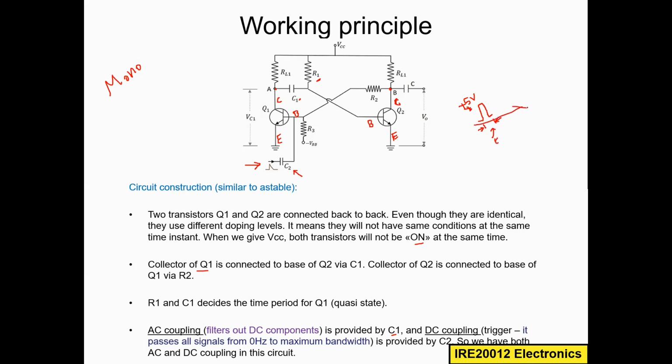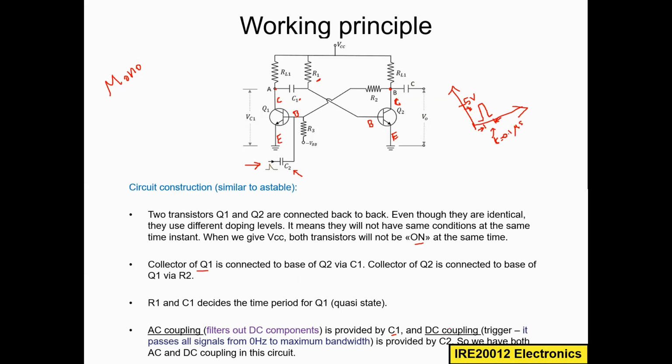If you take the x-axis and the y-axis, this is the amplitude and this is the time period. We are applying this trigger signal for a very short period, maybe 0.1 microsecond. So large amplitude, short duration is called a trigger.